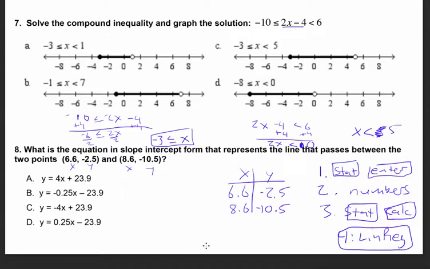And this should tell me my slope and my y-intercept. And it will tell me that my slope is supposed to be negative 4, I'll say A equals negative 4, and that my y-intercept is supposed to be 23.9. So the answer is C.